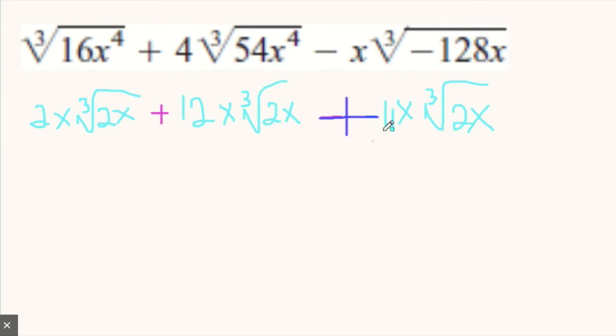We would just add the coefficients and write what the root is down with the coefficient, because they're all the same. 2x plus 12x is going to be 14x, plus 4x is going to be 18x. And then you can just put the third root in. And there's 2x in the cube root. So this would be the answer.